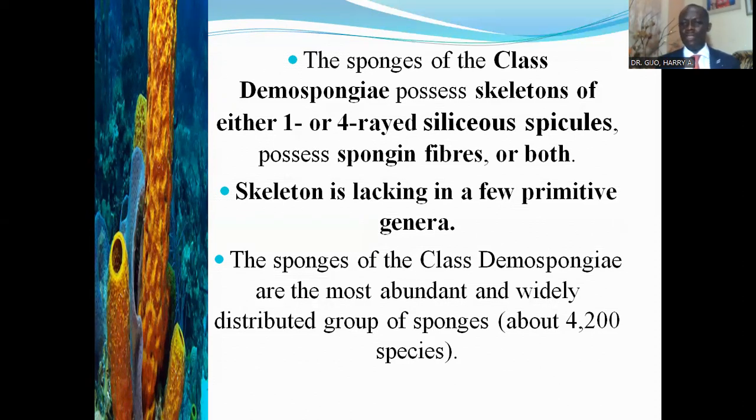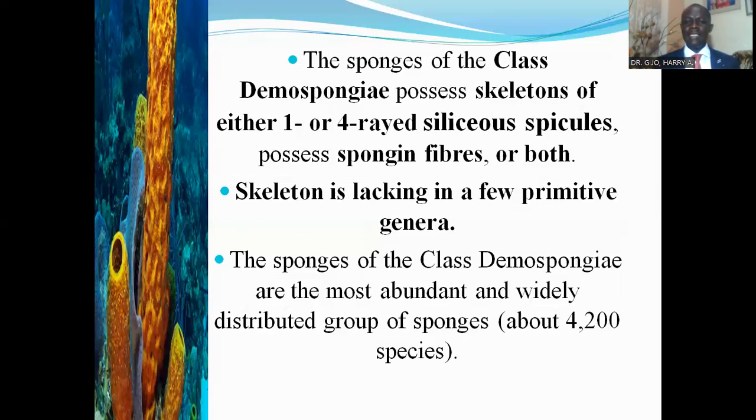They have siliceous spicules. Those in the class Demospongia also possess siliceous spicules, that's spicules made up of silicon, and in addition they have spongin fibers, or both of them in one species.